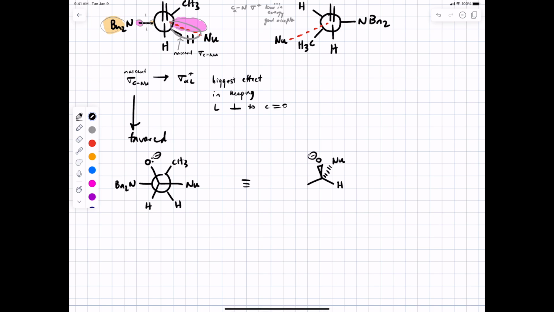And then from our perspective, the nitrogen, I keep wanting it to be butyl instead of benzyl. Don't know what's going on there. Nitrogen anti to the proton, methyl group, and that would put the hydrogen there.